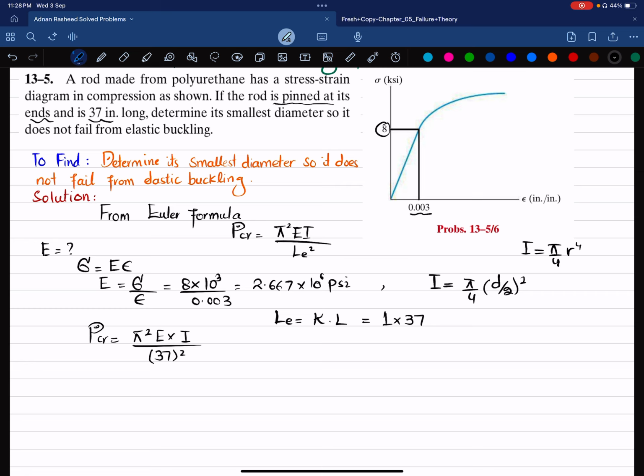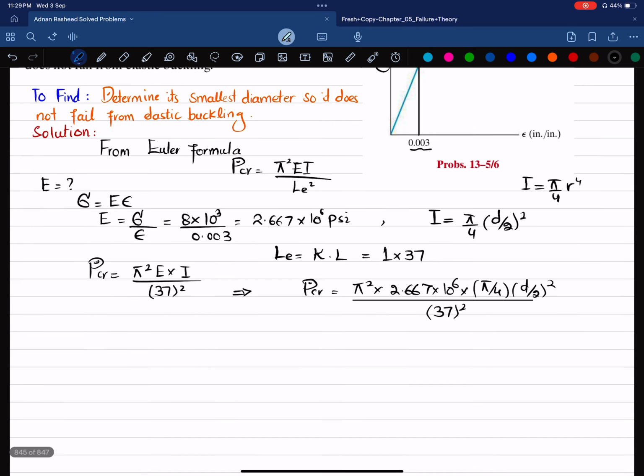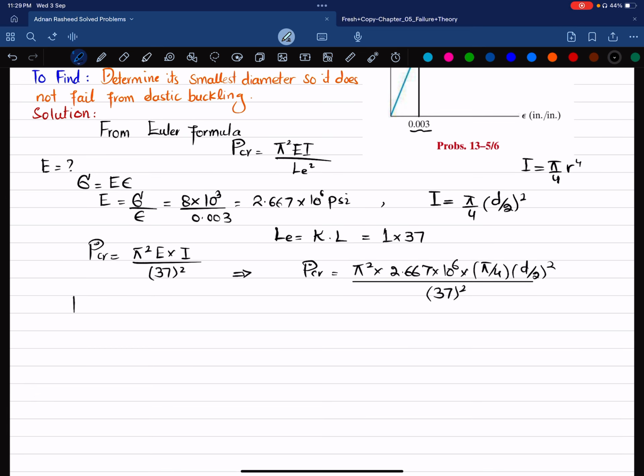Now we can put in the values: P critical is equal to pi square times E, which is 2.667 into 10 raised to power 6, and I is pi by 4 times d divided by 2 whole to the power 4, divided by 37 square.